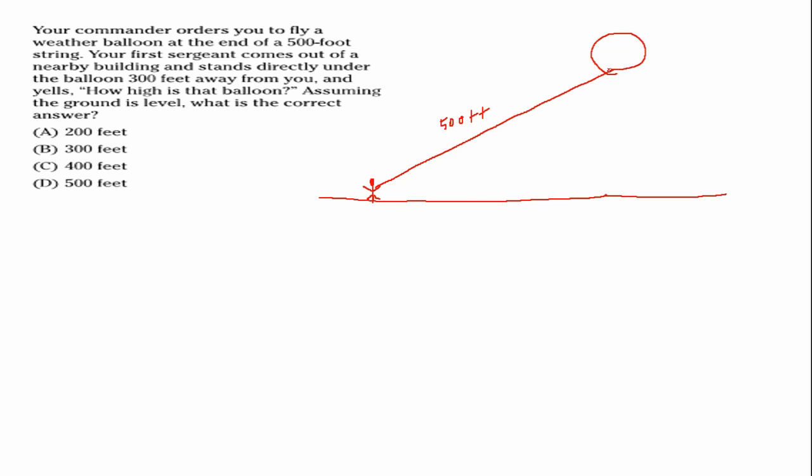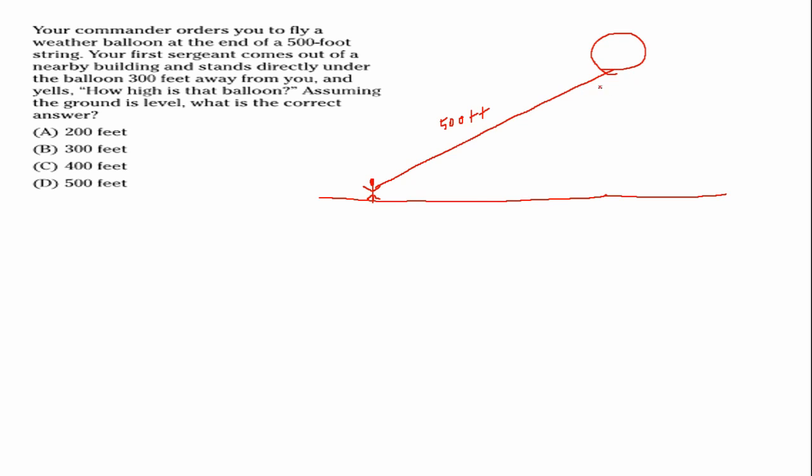Okay, so let's draw a little sketch. Here you are, you're holding a string that's 500 feet long. And we're assuming also that you've let out all the string. Here's the end of your little balloon.